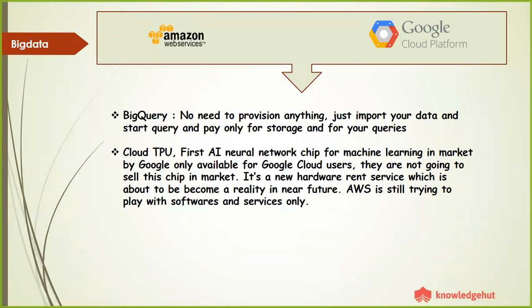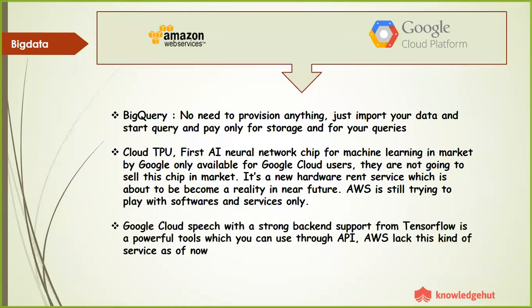It's a new hardware and service which is about to become a reality in the near future. They have planned that by the end of 2017, they will start pushing it at a large scale, while AWS is still trying to play with software and services only. So Google is making their entry in hardware chips.